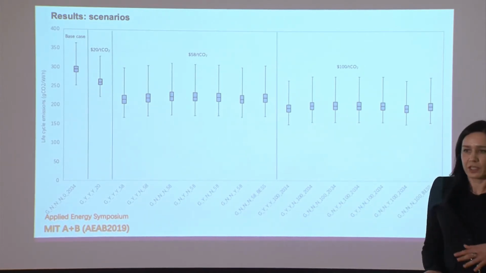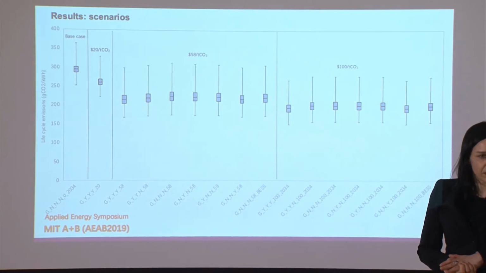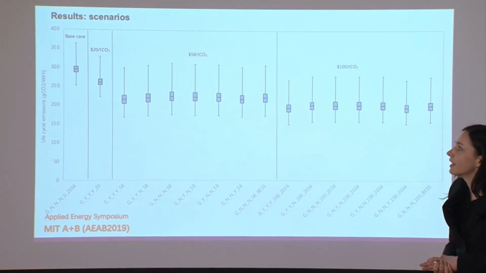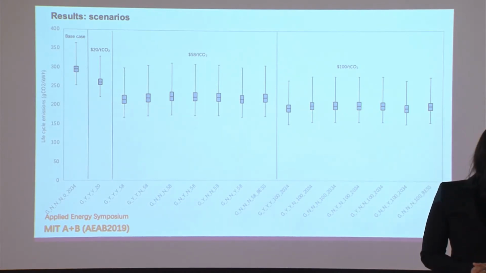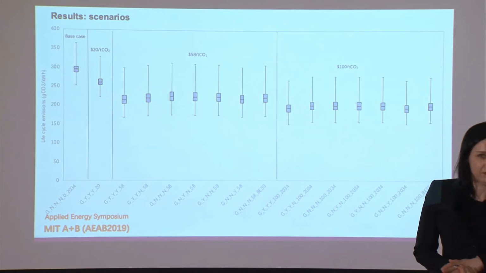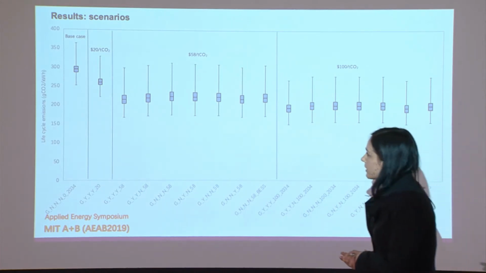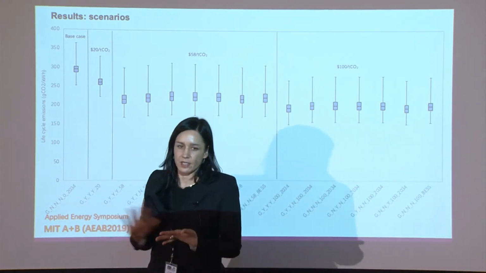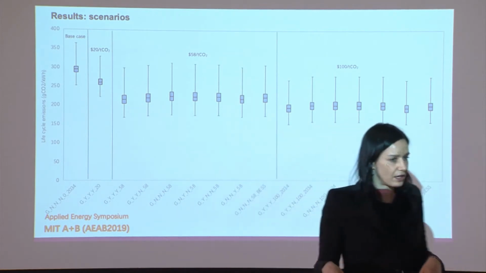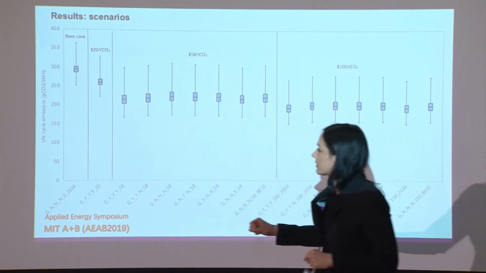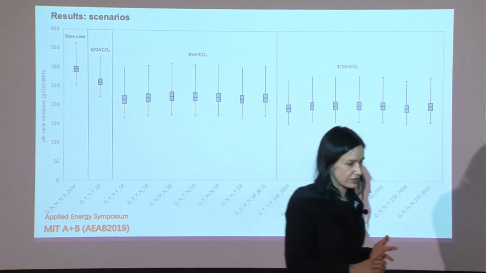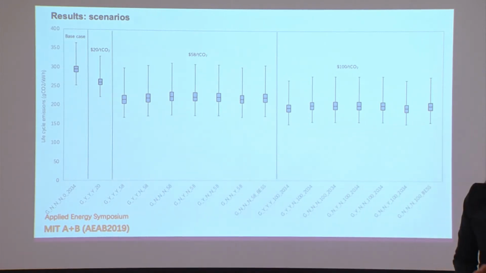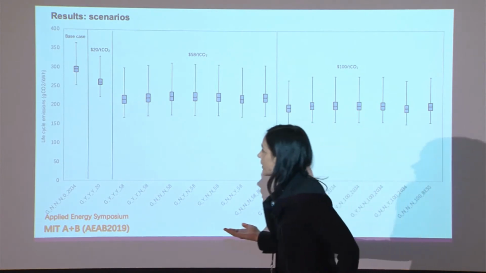So what we ended up finding from looking at the different configurations is that carbon price actually appears to be a large driver in the behavior of the power plants, which we've seen in a number of the different studies today. But just to give you an idea, this is the base case, so assuming that there are no additions of any new technologies or application of a carbon price.